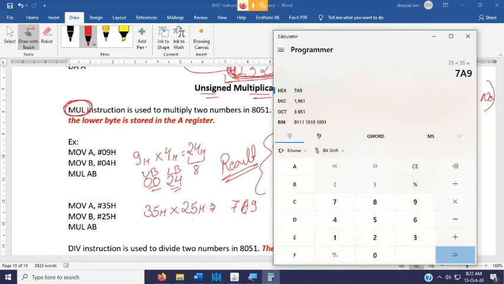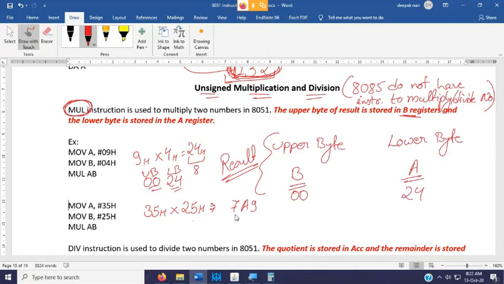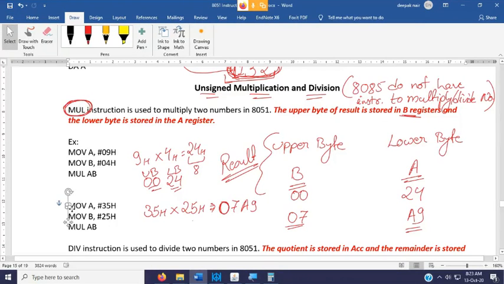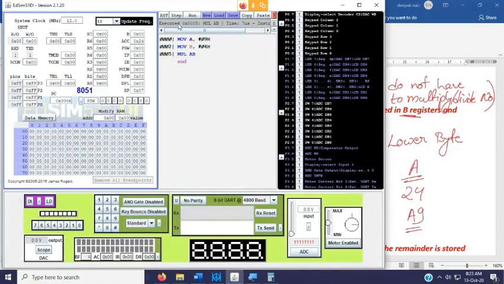Here the upper byte has only one nibble, 07. So remember A9 will go to the accumulator and 07 will go to the B register. Okay, let us try and check. I will just modify the program.